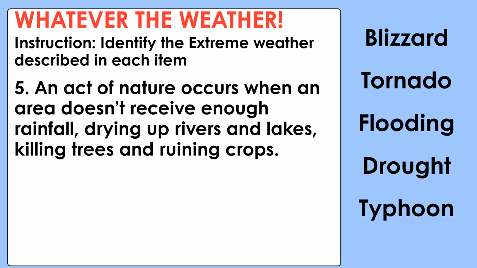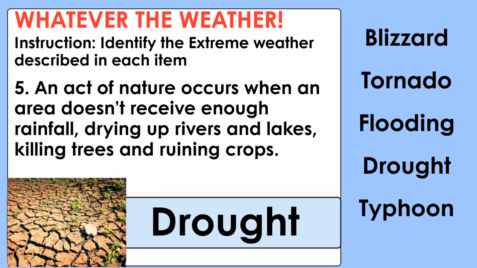Number 5, an act of nature that occurs when an area doesn't receive enough rainfall, drying up rivers and lakes, killing trees, and ruining crops. The answer is drought.